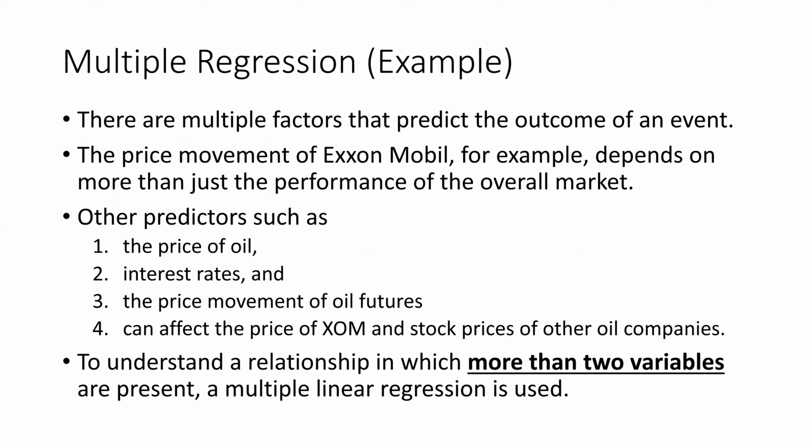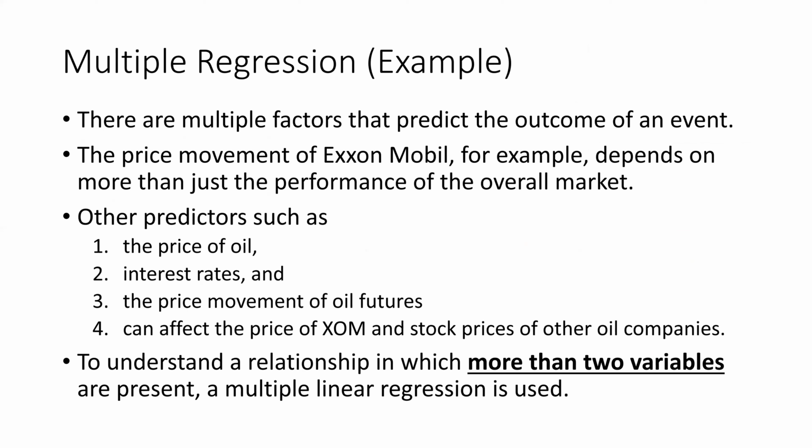It also has to do with the number of members in the household. If it's a big family, maybe they have less to save. And that also has to do with other factors. So it's a multiple regression.